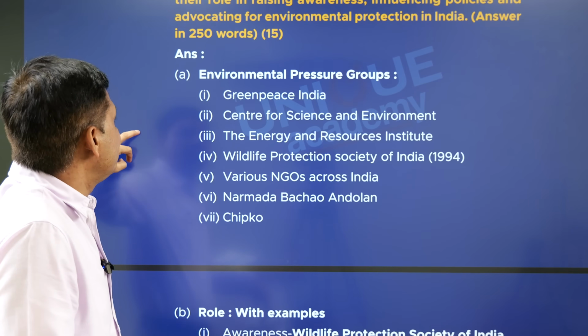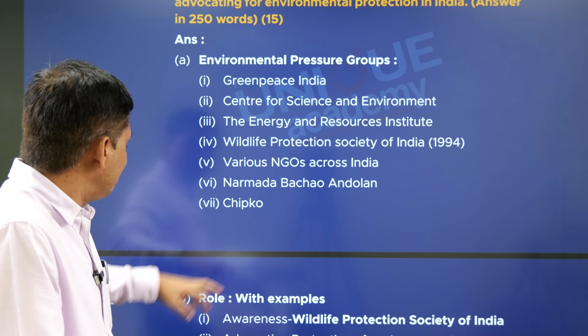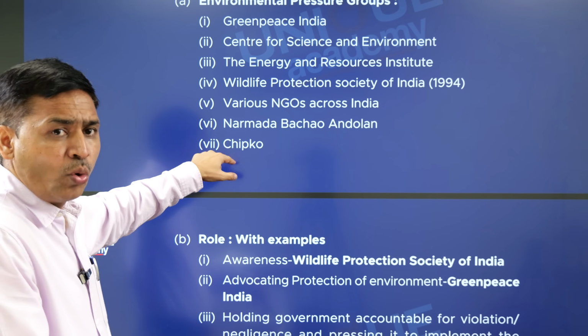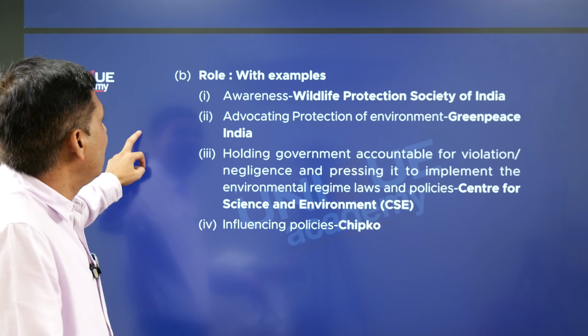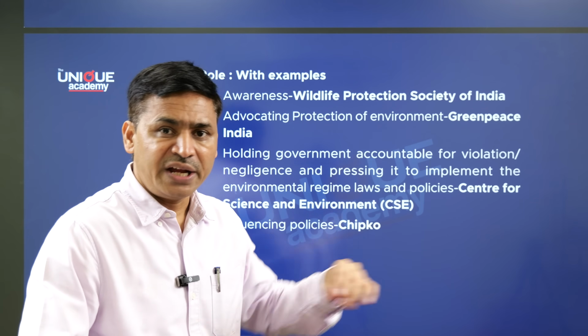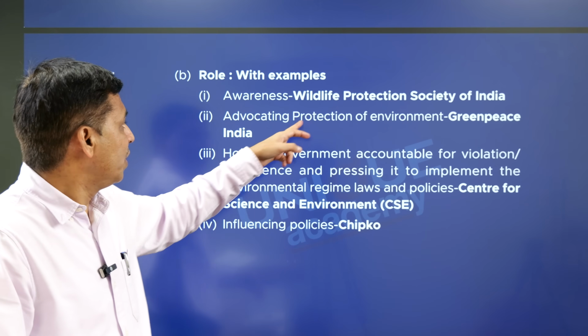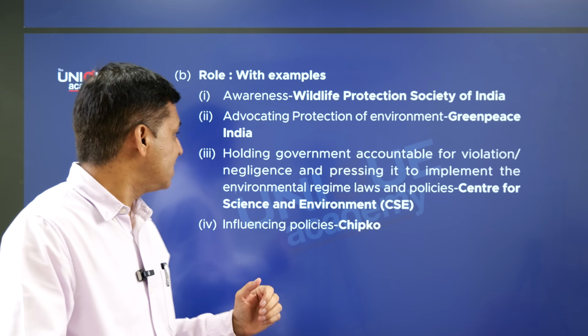We have just made a mention of all these pressure groups, right from Greenpeace India to the Chipko, which is quite an old example, but very relevant. Now the role. Awareness: you can take any relevant example and elaborate upon that. Advocating protection of the environment: again you can take another example.